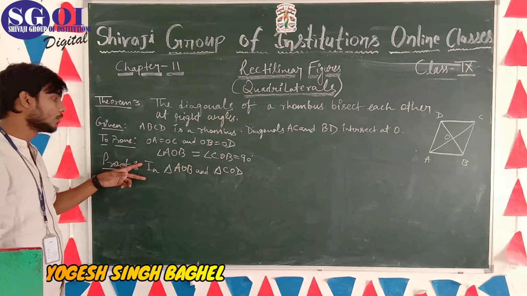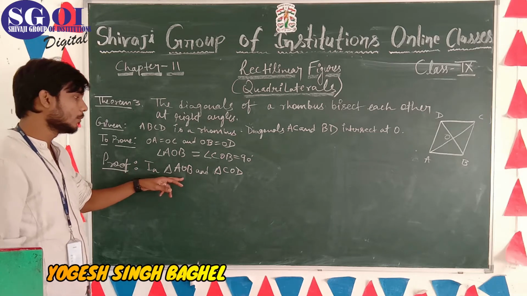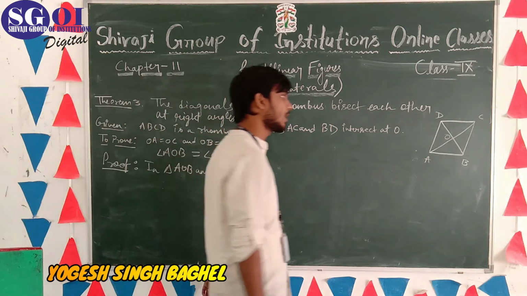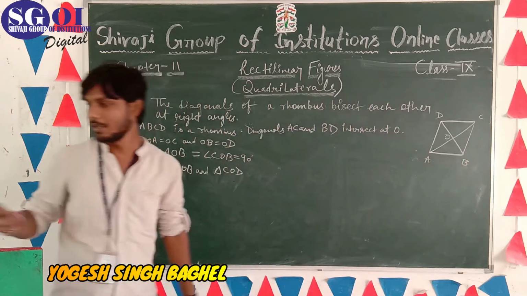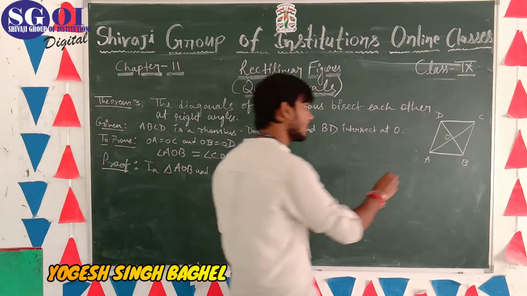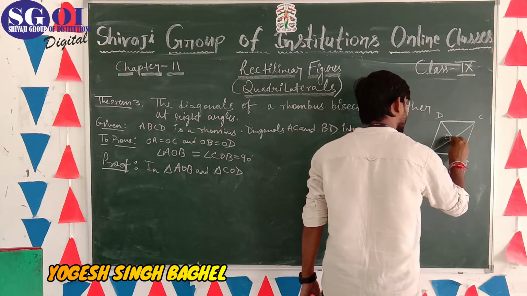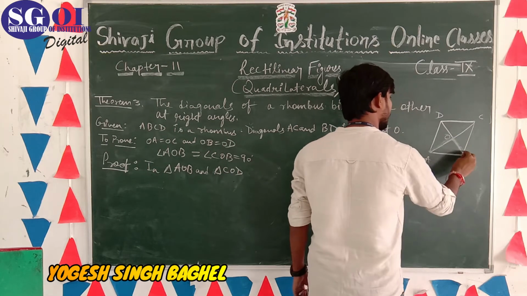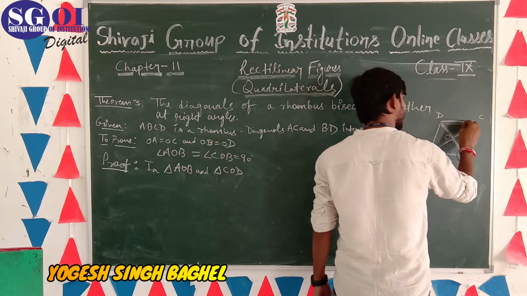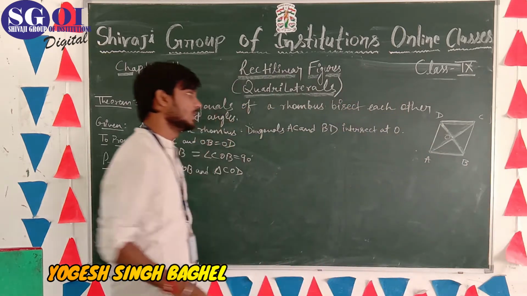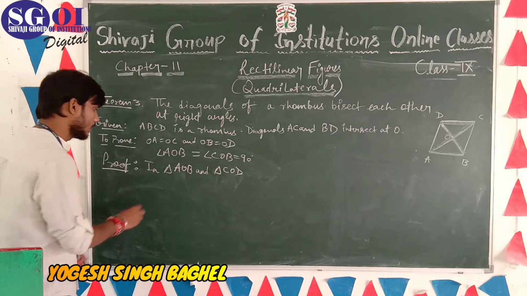Let's see how to prove it. In triangle AOB and triangle COD, now we take the triangle AOB. Triangle AOB, you can clearly see here, AOB and triangle COD. These two triangles we have taken.